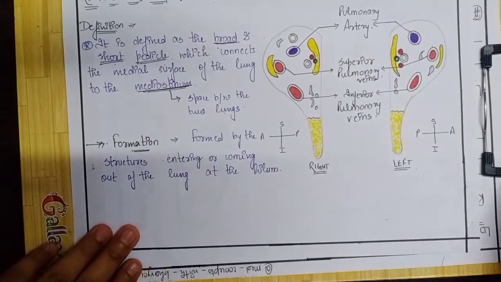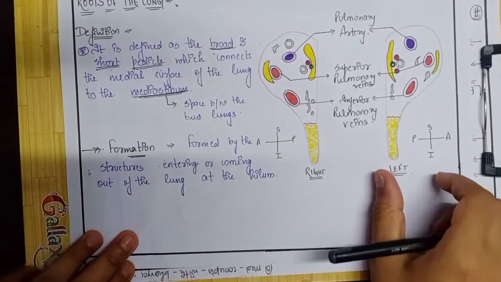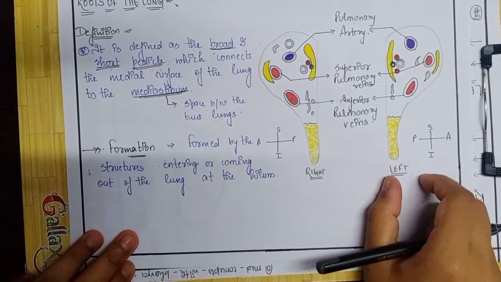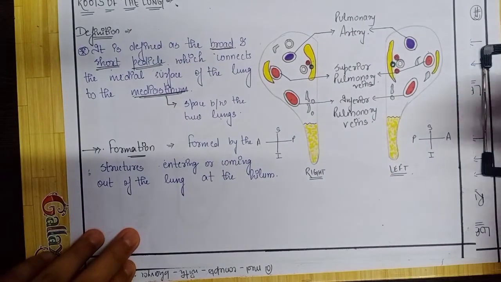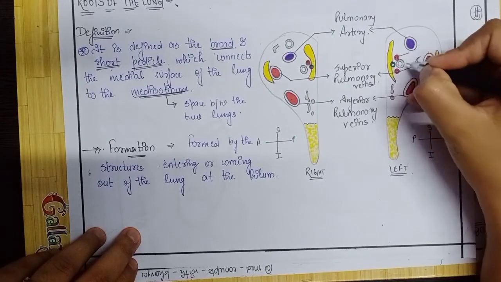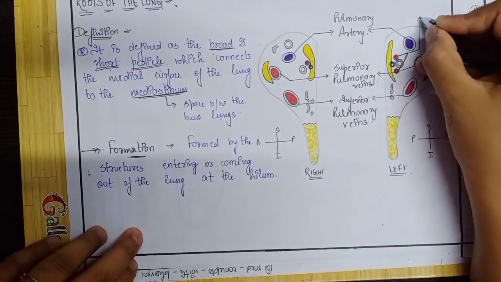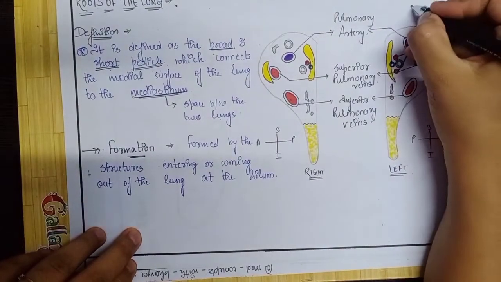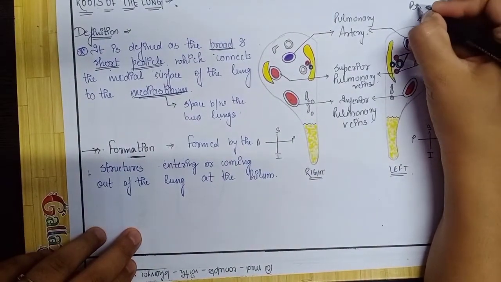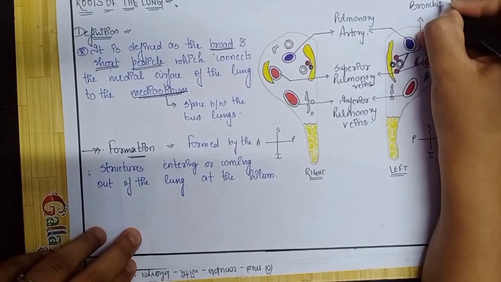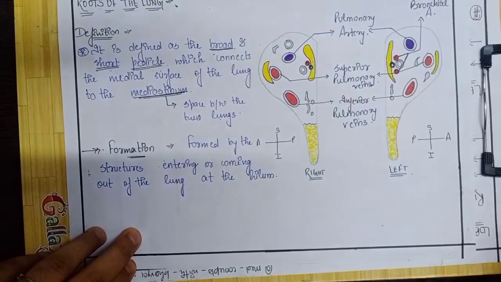Now talking about the bronchial artery. If you see on the left side, we have 2 bronchial arteries. Now where do I mark it? These are the 2 bronchial arteries. We will mark each side separately. Bronchial arteries.